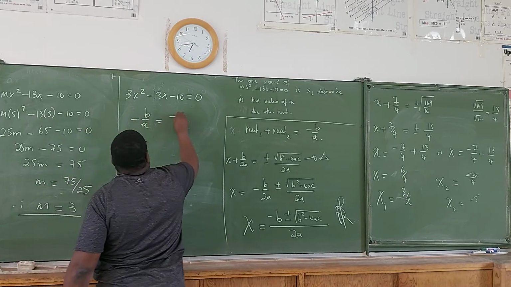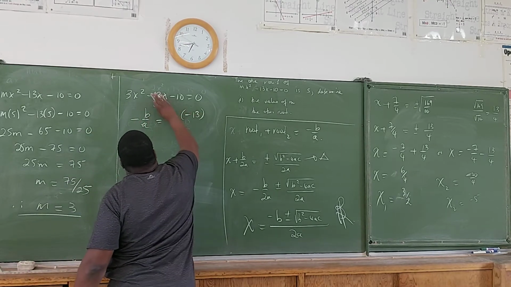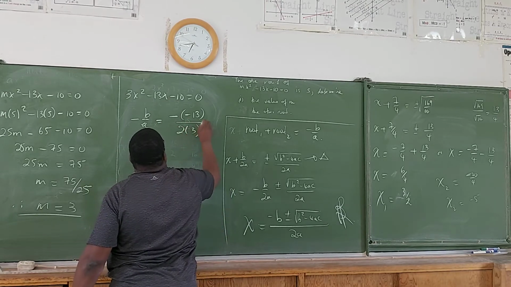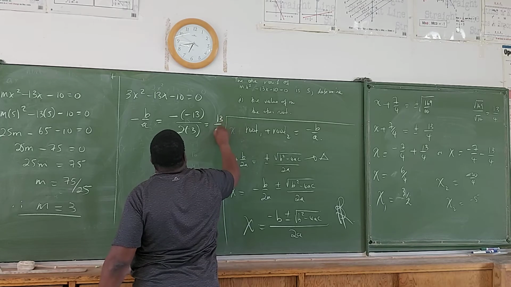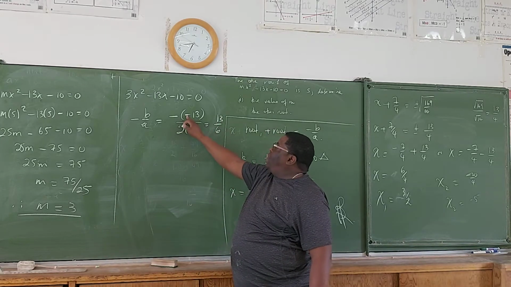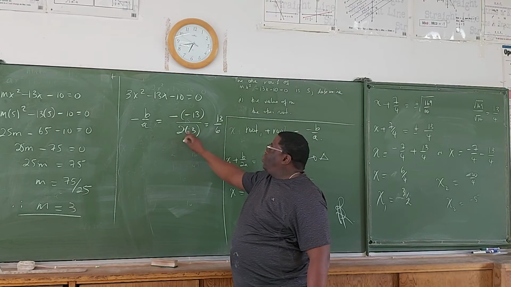It is actually equal to negative. Remember, the minus is already there. Over 2 times 3. So I'm supposed to get something like that. A negative times a negative gives you 13, and 2 times 3 is 6.